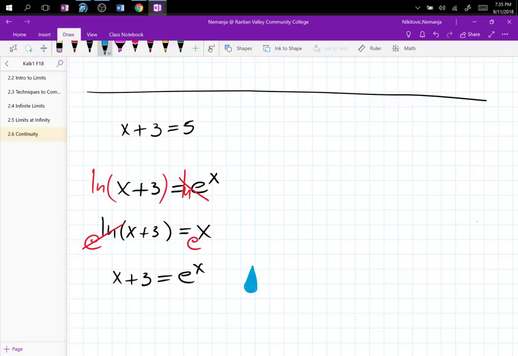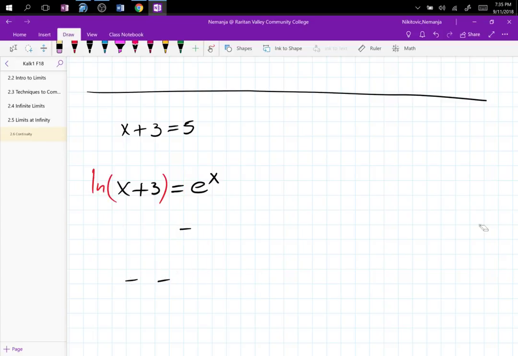Algebra cannot solve this equation. You can just sit there and weep, and that's it. So this equation cannot be solved by algebra.